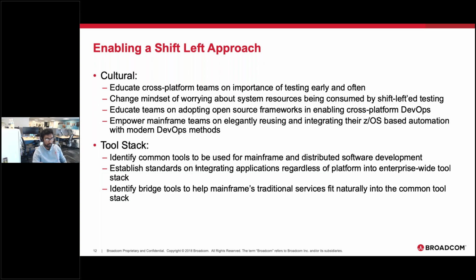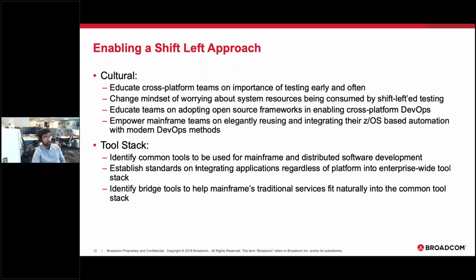So there's a kind of homogeneous set of DevOps tools at play, and this is important because one of the things I've heard from enterprise architects involved in DevOps transformations is that the key is people working on applications on different platforms being able to speak the same language when it comes to DevOps.